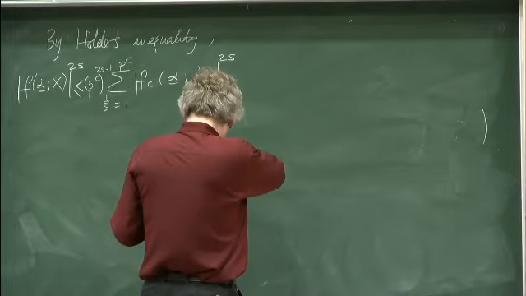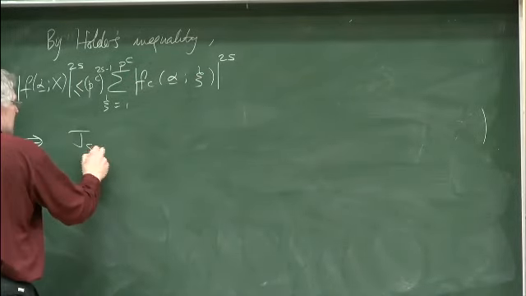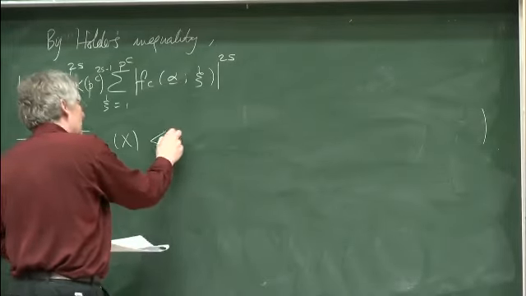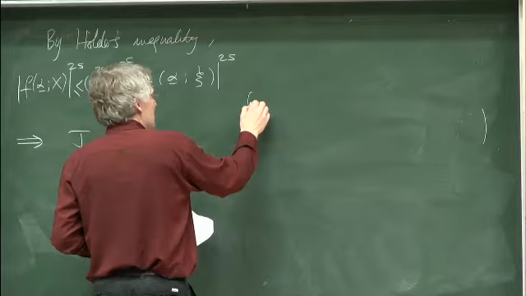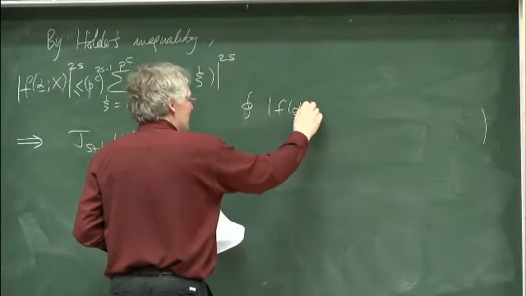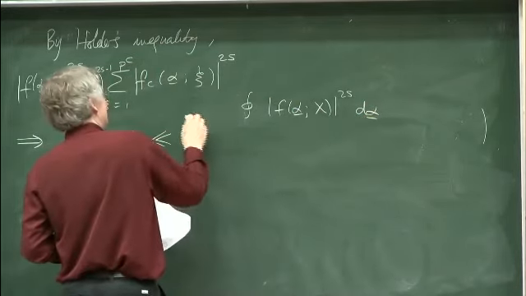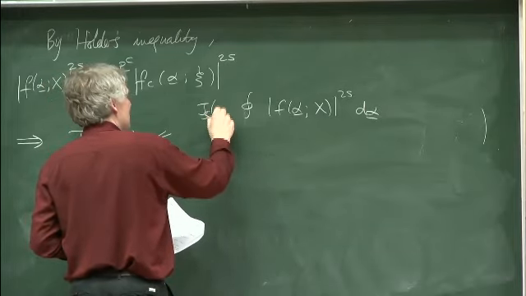And I can use this to bound the mean value itself. So the mean value itself, remember, was the integral of the 2s moment of the original exponential sum. So this is J_s(x).